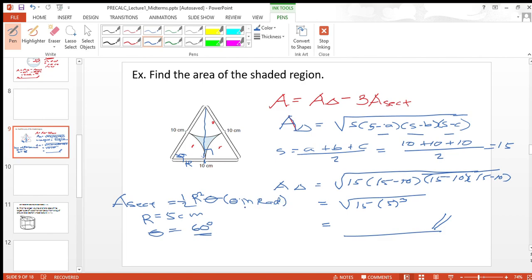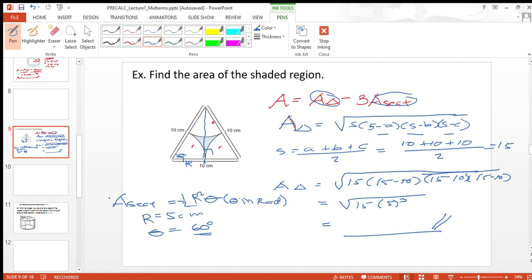Since I don't want to make the solution and the discussion very long, just refer to your module and inject the values of the respective areas here. The area of the triangle, then the area of the sector.